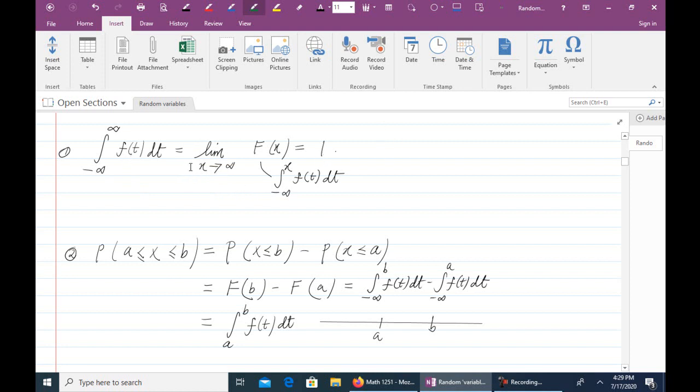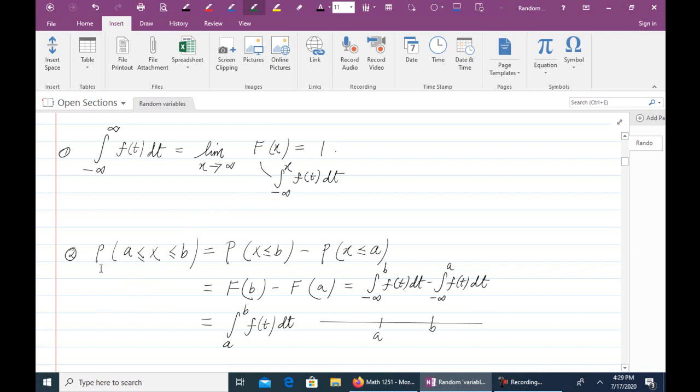You can think of it as the limit as x goes to infinity of this integral from negative infinity to x of f of t dt, which is the same as the CDF capital F of x, and that limit, as we saw before, is 1. Again, that's because that's the total probability.